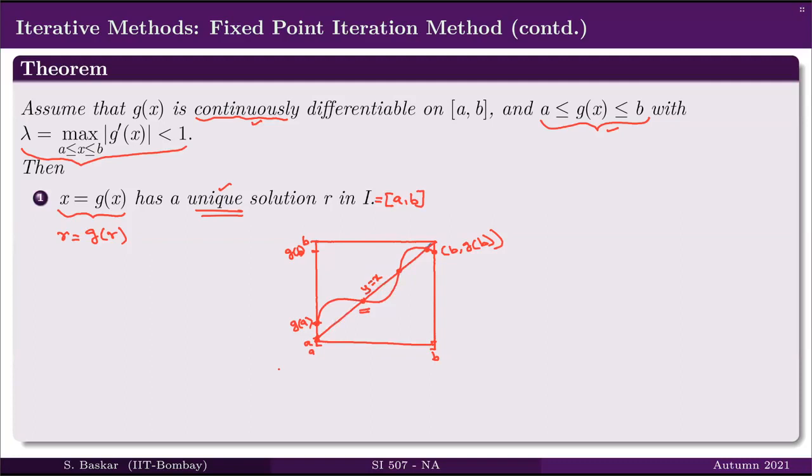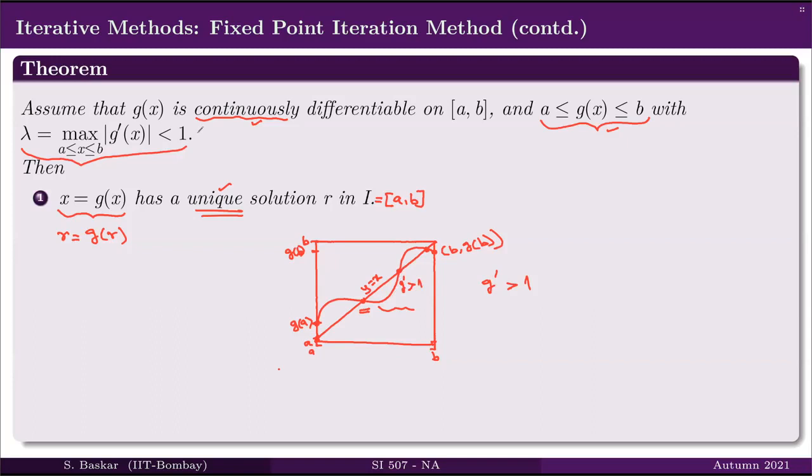That is, the slope of this line is 1. Therefore, G has to grow more than 1. It means G dash should be greater than 1 at some interval. Then only can it beat the speed of this line so that it can cross it. So in this interval, your G dash must be growing more than 1 in order to again meet this line.